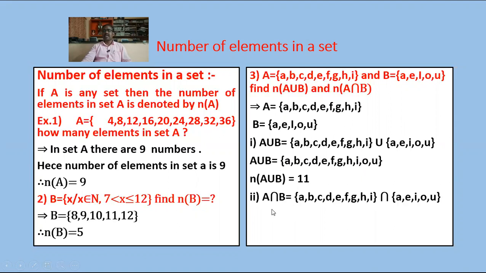And second, to find A intersection B, all common elements in set A and B. This is A intersection B. A intersection B is equal to {A, E, I}, only common elements. How many elements in A intersection B? When you count, 1, 2, 3. Therefore, n(A intersection B) is equal to 3.